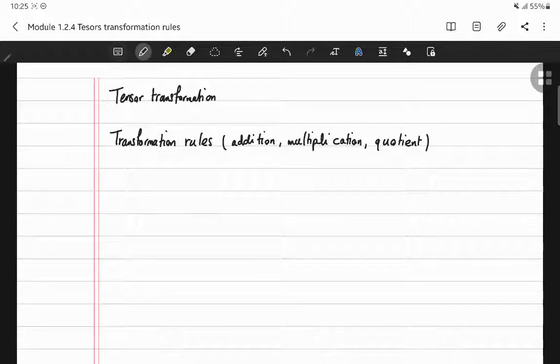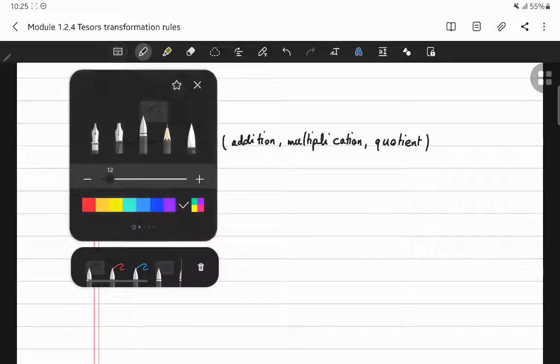Up until now, we have discussed the transformation rules of a vector and a second-order tensor, but in this session, we also find the transformation rule for higher order tensors like the third and fourth order tensors. And then we bring the transformation rules, such as the addition, multiplication, and the quotient rule. So let's get started with the transformation rule.